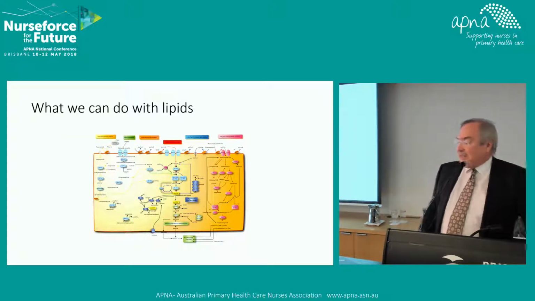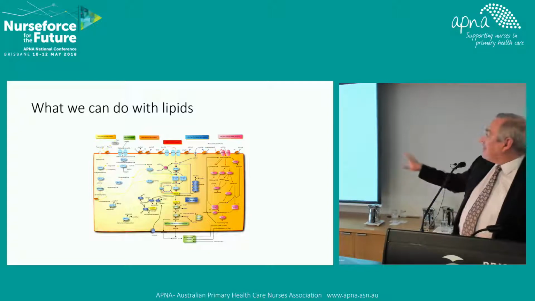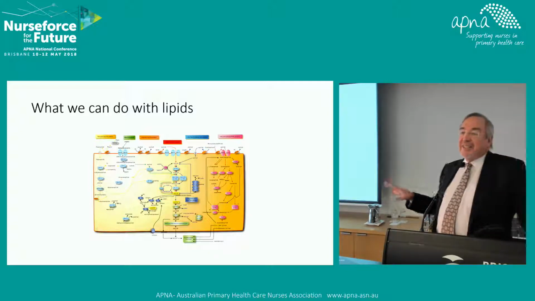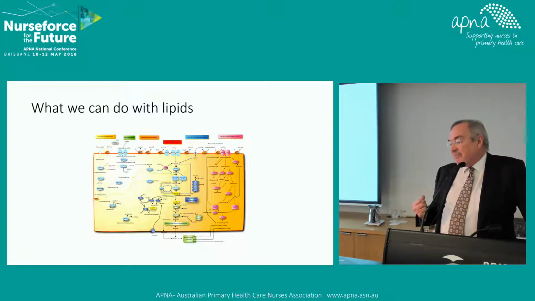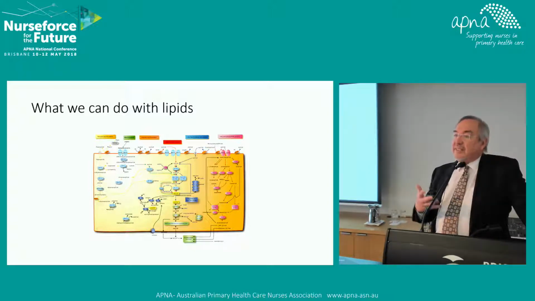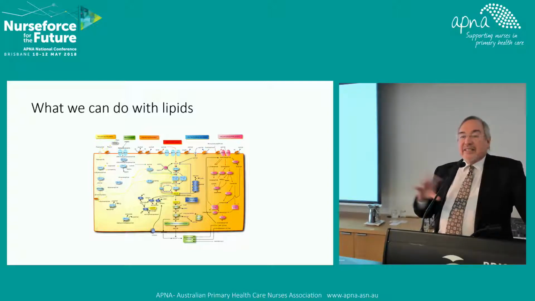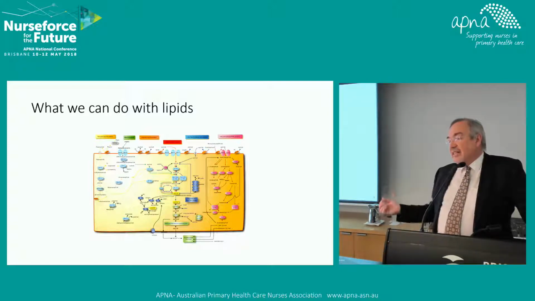Now this isn't something to remember, but this is really what we do with lipids in the body. So you can see it's quite complicated, and in fact, although we're interested largely in cholesterol from a cardiovascular risk point of view, the main interest as far as the body goes is using lipids for things like cell membranes, and for synthesizing other molecules that it needs.